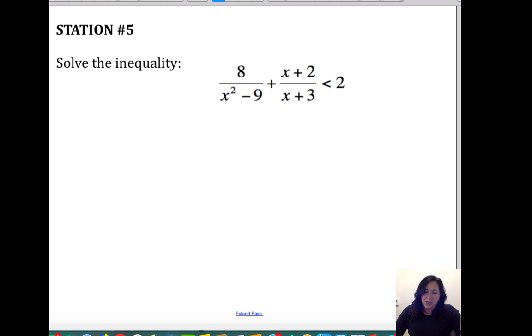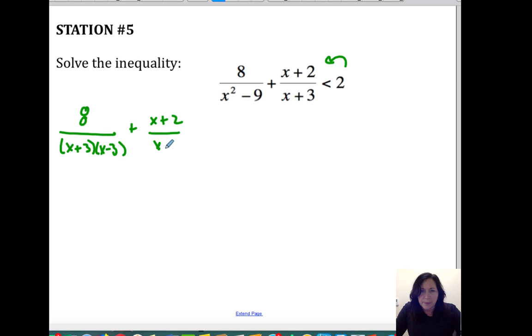The next question is solving this inequality. This one, I would move this over to the other side. And let's see, we need a common denominator. So common denominators, we've got x plus 3, x minus 3. Moving this, we've got plus x plus 2 over x plus 3.